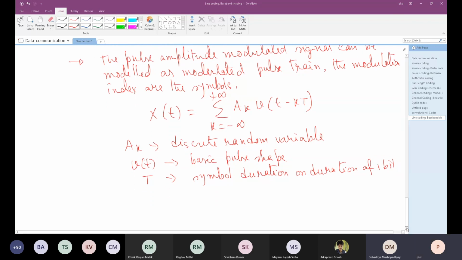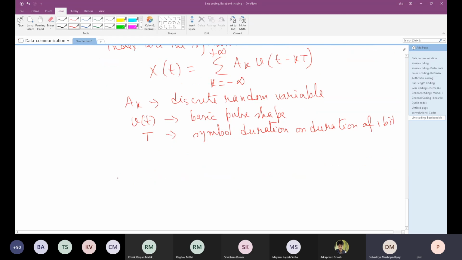Now, if we take, say, unipolar, polar, or bipolar, you can see that for unipolar, a_k will be equal to some level A for symbol 1 and 0 for symbol 0.